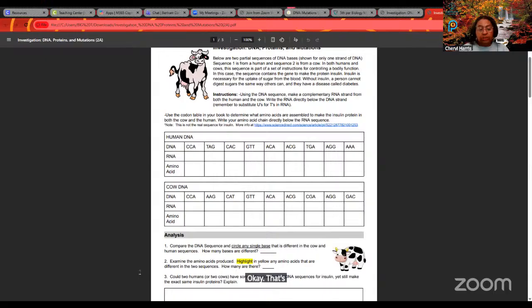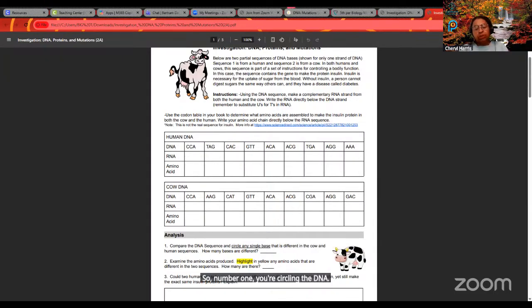That's the DNA strand. All right, so then you translate all of those, and then you want to look at what amino acids were produced. You want to highlight those and then say how many of those are different, or are they coding for the same amino acid? So number 1, you're circling the DNA.